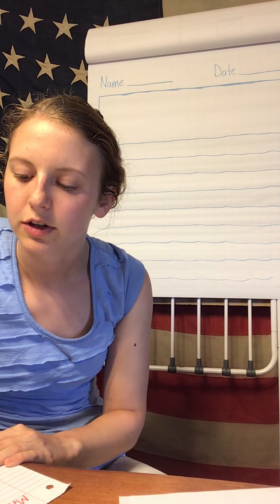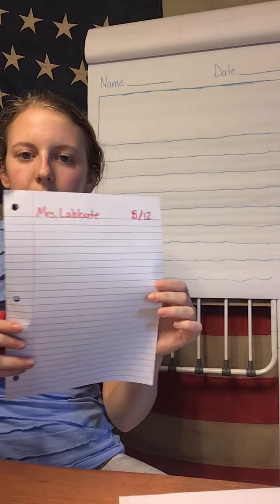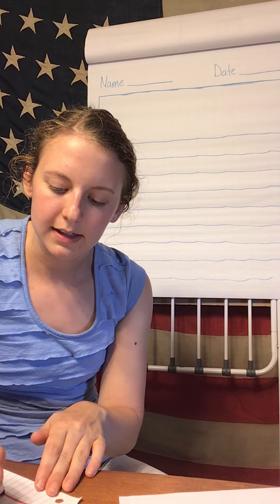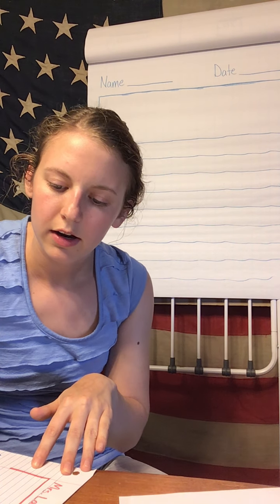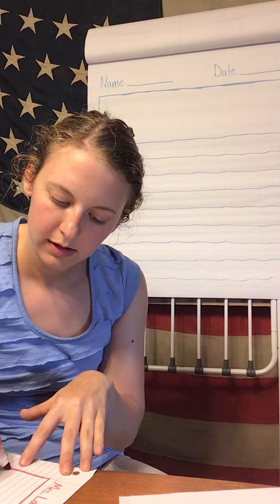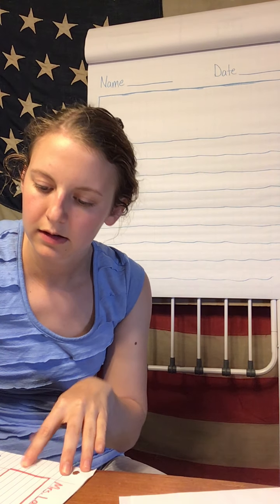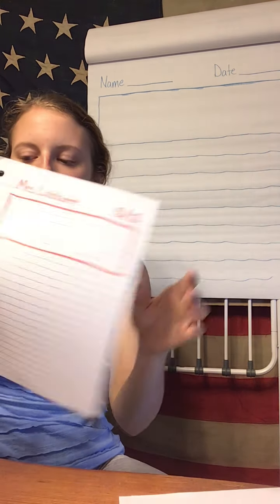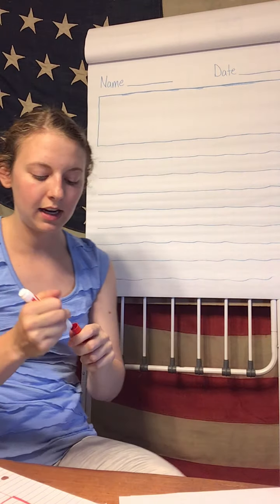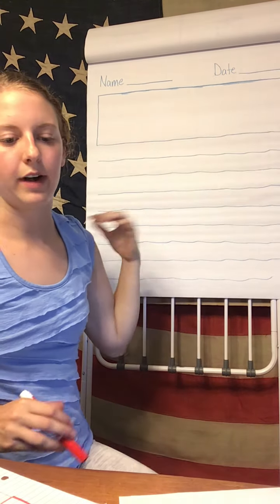This is for the 12th, so we're going to put 5/12. That's today's lesson. And we can follow the lines nice and neat to draw our drawing box. Like so. All right, so now we have to think and draw so that we can write.